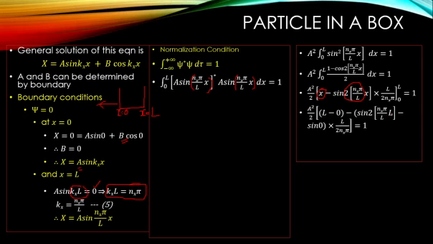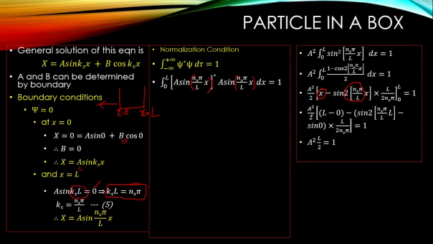The maximum value is L, replacing x, as well as replacing x in the lower limit, it will become 0. So sine 0 is 0, so the remaining is only L. Here also it is 0, so remaining is A square by 2 into L, which is equal to 1 according to the normalization condition.